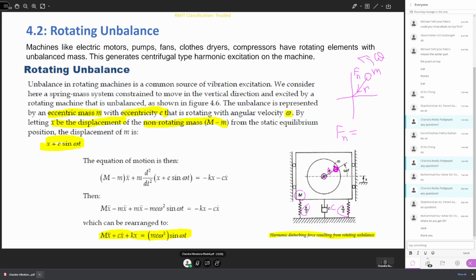We can write it as mass into normal acceleration. A rotating mass will have acceleration directed towards the center, right? So what is normal acceleration? Anyone? I'll wait for your answer.